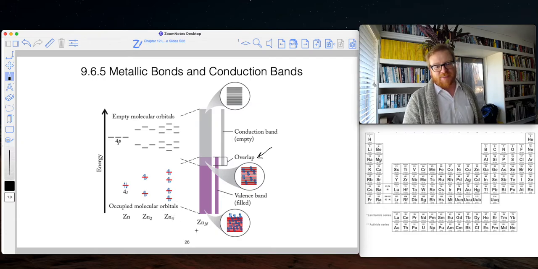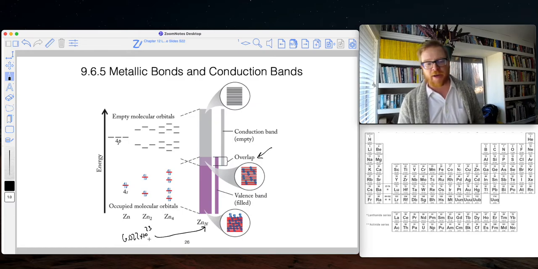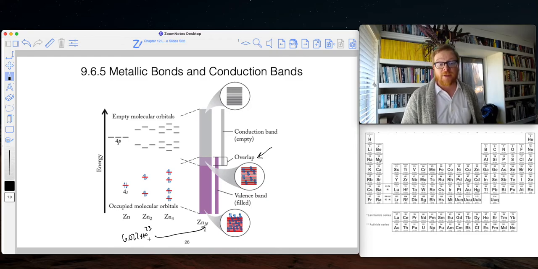And of course, the zinc N, where this N now corresponds to Avogadro's number, 6.022 times 10 to the 23, or something close to that number, right? So in other words, we have a macroscopic quantity of zinc atoms. We now have this completely filled band, right?